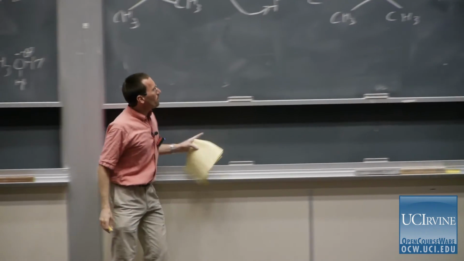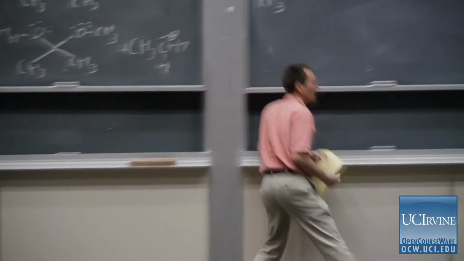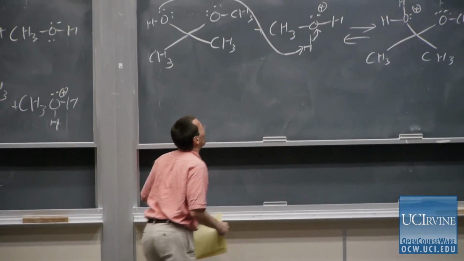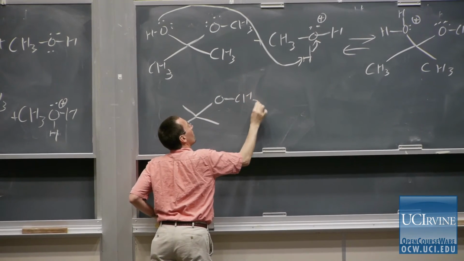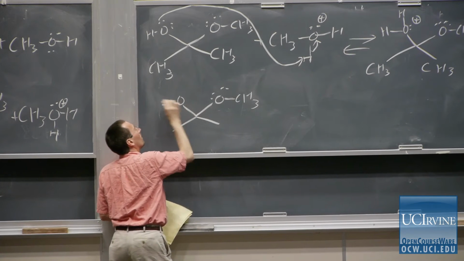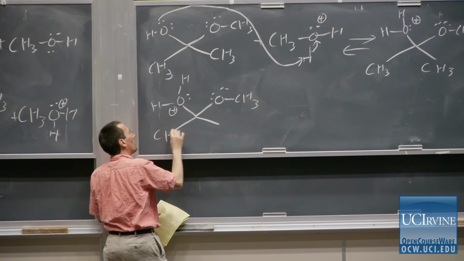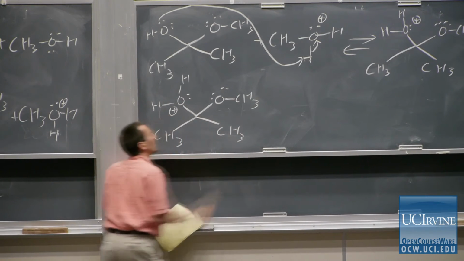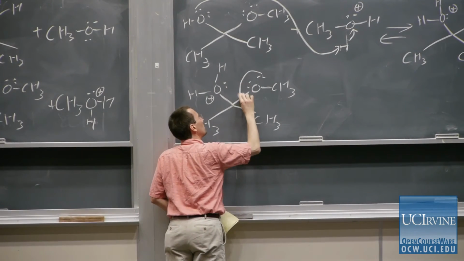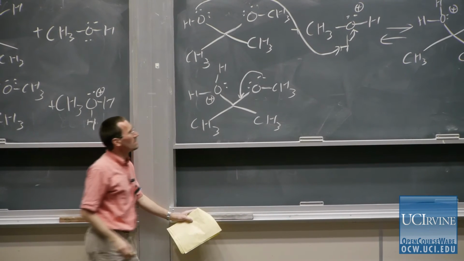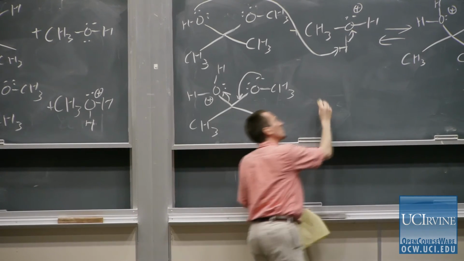Now, in the next step, we're going to kick out a water molecule to form another oxocarbenium ion. Electrons flow from the oxygen, push down, push out the water molecule. Doesn't matter which lone pair of electrons I use, they're both the same. Electrons flow back on to the OH group.